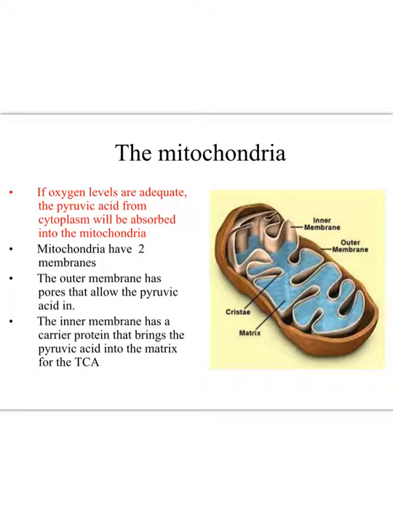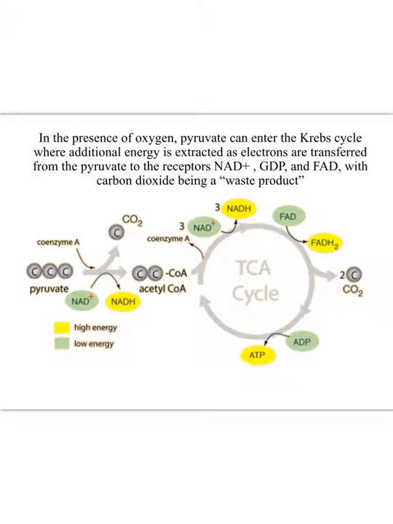So we're moving into the discussion about mitochondria now, and this is a cross section. You'll see what they refer to as the cristae, which is the inner membrane, and then the matrix on the inside. It's inside this mitochondria where you have the last two steps of carbohydrate metabolism. But again, let's go on the presumption that we are going to have oxygen present, and the pyruvate is going to be taken into the membrane of the mitochondria, and it's going to enter into the Krebs cycle.